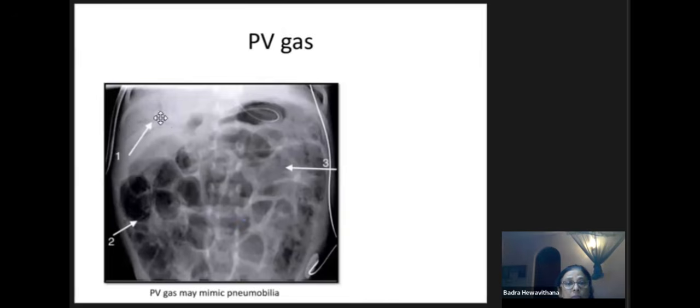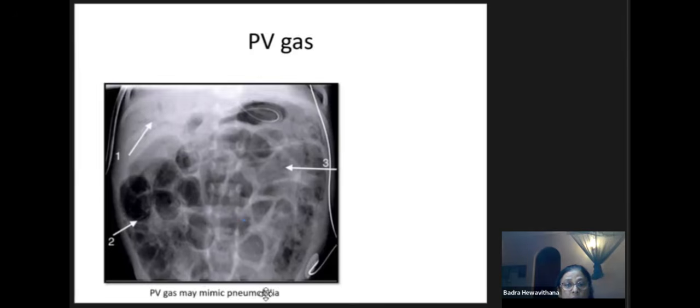Still, you see the air translucency in a branching pattern, and you can see some linear shadows, which are pneumatosis intestinalis, and some abnormal looking gas shadows. Sometimes, not always, you see it in the wall, but maybe it is trapped, and you may see some abnormal looking gas shadow. So that is pneumatosis which has gone into the portal vein.